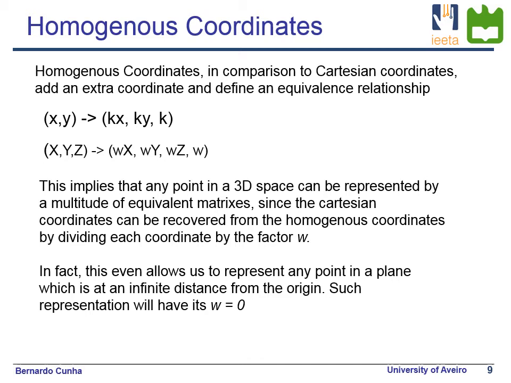Otherwise, if you want to represent a point xyz which is at infinite distance, it's not possible. But if you use any xyz you want, and you use a w of 0, it means that to obtain the original point, you have to divide all of the three coordinates by 0, therefore generating a point at infinity.